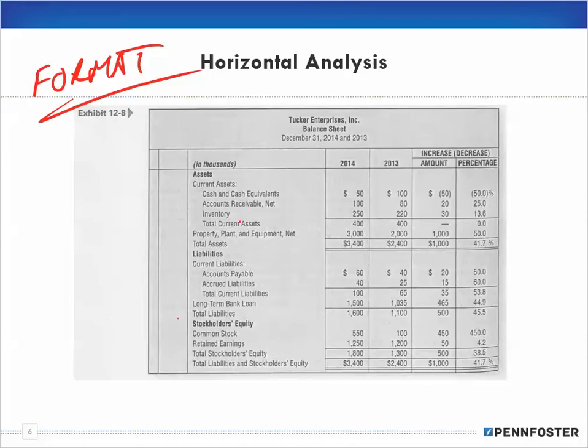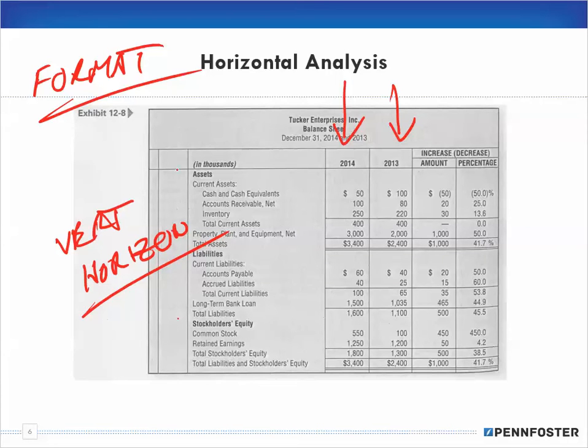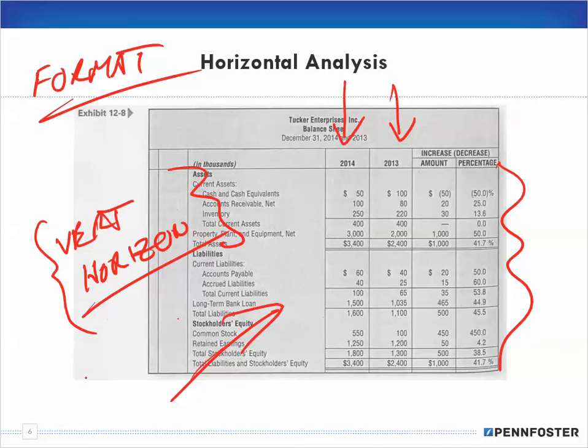So look at this as a step process. You start out with the previous period's statements and this year's period statements. You decide whether you're going to do a vertical or a horizontal analysis, and then you create this information depending upon whichever format you decide to use.